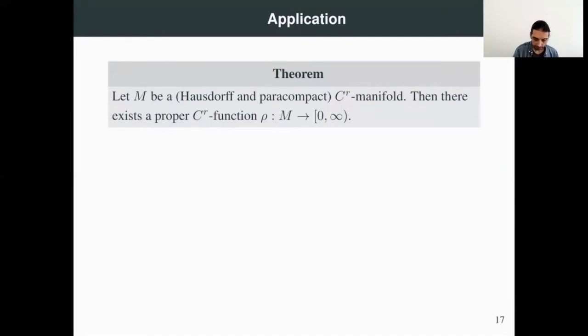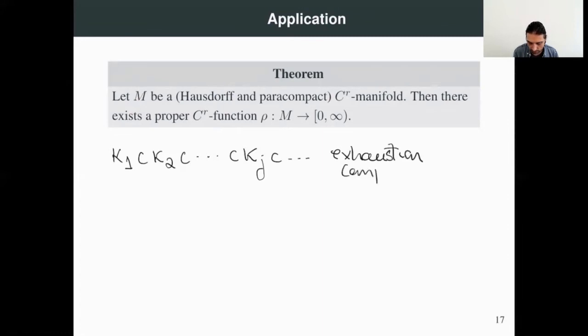And how is that? We can consider our construction. Let's remind ourselves that when we build partitions of unity, we consider an exhaustion of M by compact sets, right?